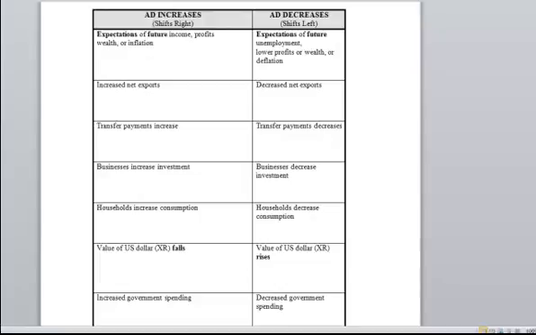The next item that's mentioned is transfer payments increasing. Now, what in the world are transfer payments? Well, that's money that is transferred usually from the government to us in the form of welfare payments, food stamps, Social Security, retirement benefits, or unemployment benefits.